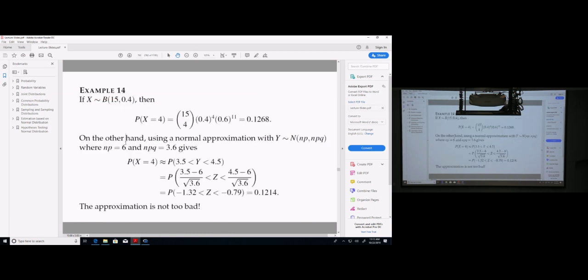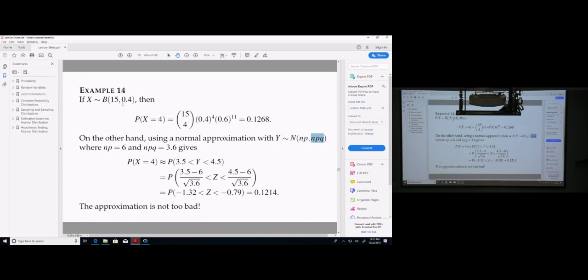Okay, so this is an example. n is 15, and the probability of success is 0.4. Now we are trying to use a normal approximation. The normal approximation is to match the mean and match the variance, all right? So the variance of the normal is matched with the variance of the binomial.